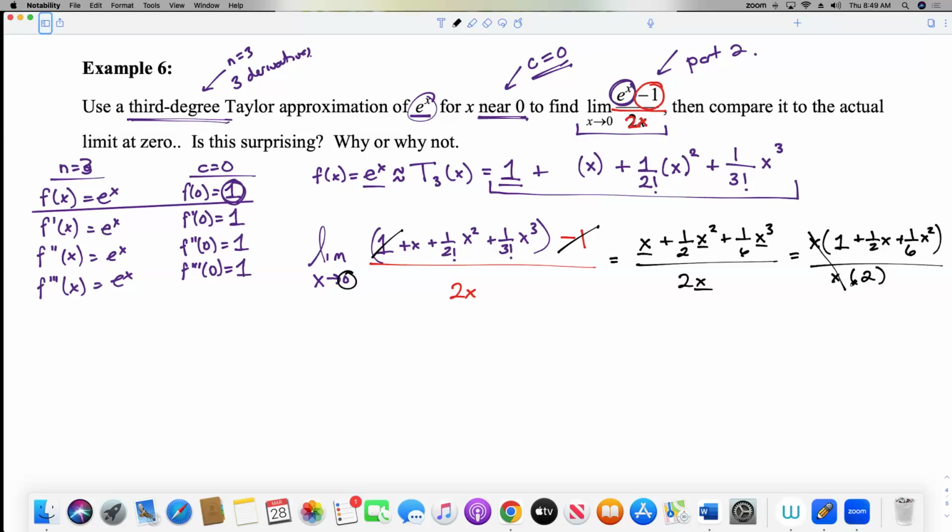So the x's cancel out, and because the x's cancel out, I can continue with my limit approaching 0 and just plug in 0. So we got 1 plus 1/2 times 0 plus 1/6 times 0 squared, over 2, and that's just going to be equivalent to 1/2.